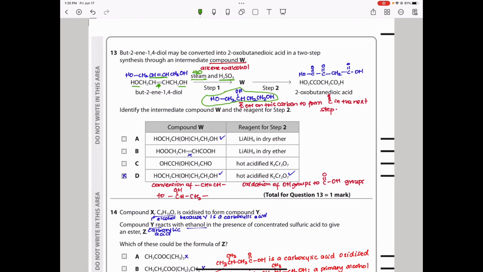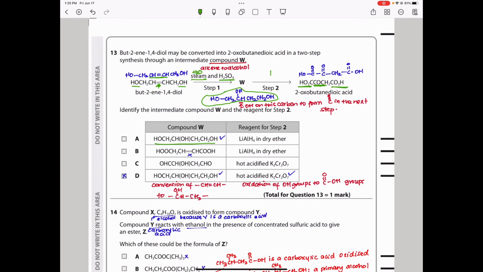So W can be this, as you can see. And then for the next step, they say we formed a carboxylic acid. To convert this into a carboxylic acid, you can see this is a carboxylic acid, and this is a ketone area. So this ketone must have come from a secondary alcohol, and these carboxylic ends could have come from a primary alcohol.